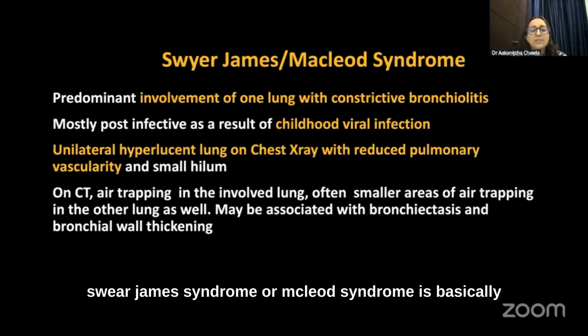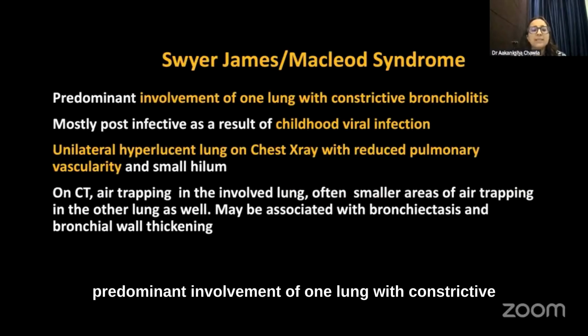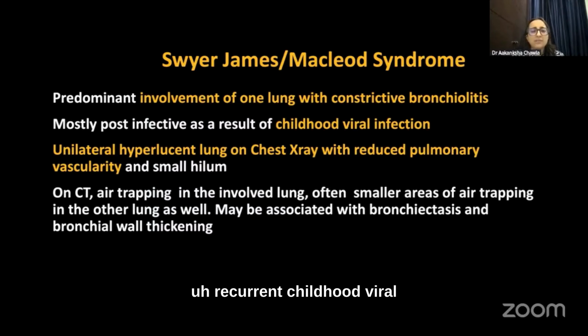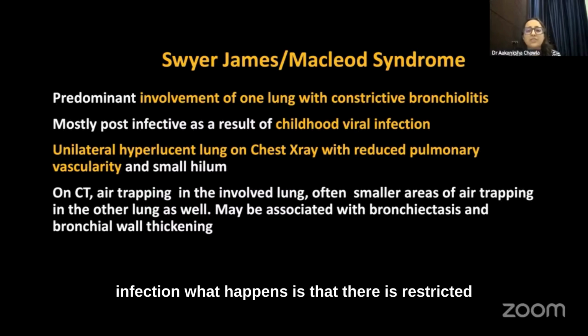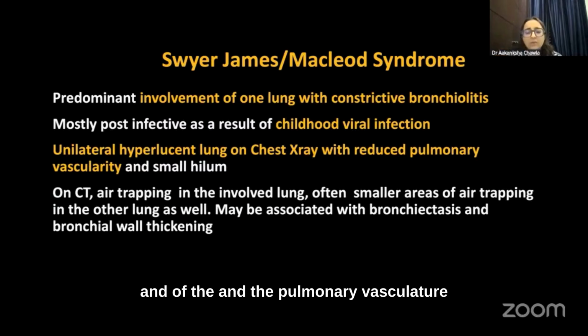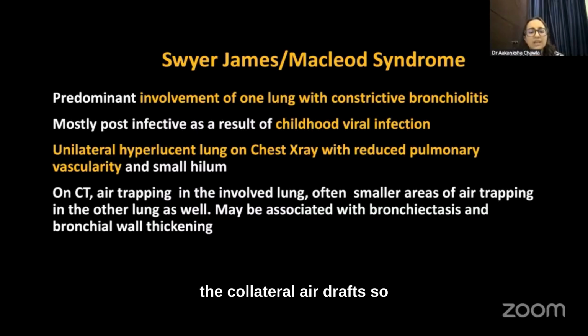Now, Swyer-James syndrome or McLeod syndrome is basically predominant involvement of one lung with constrictive bronchiolitis. It generally occurs because of recurrent childhood viral infection. What happens is that there is restricted development of the lung and the pulmonary vasculature as a result of these repeated childhood infections, but the hyperinflation is maintained because of the collateral air drafts.